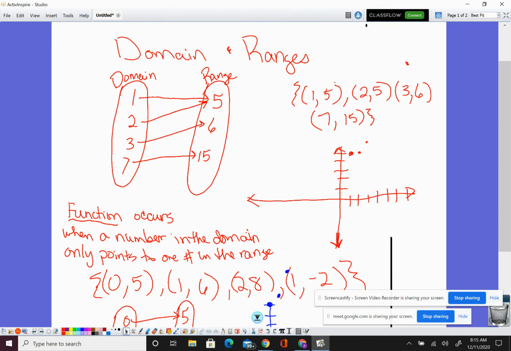It's not using the vertical line test, it's just using the mapping, the domain and the range mapping here.